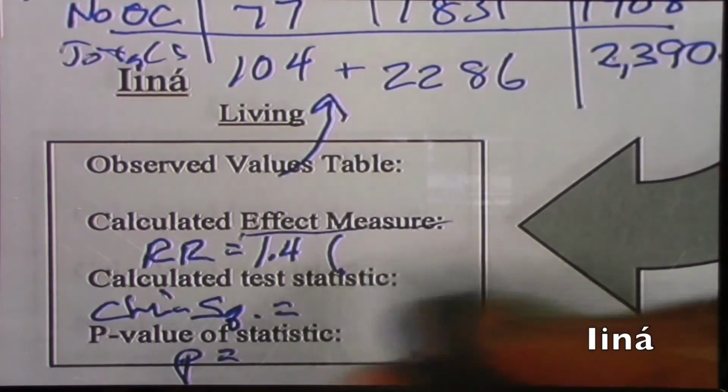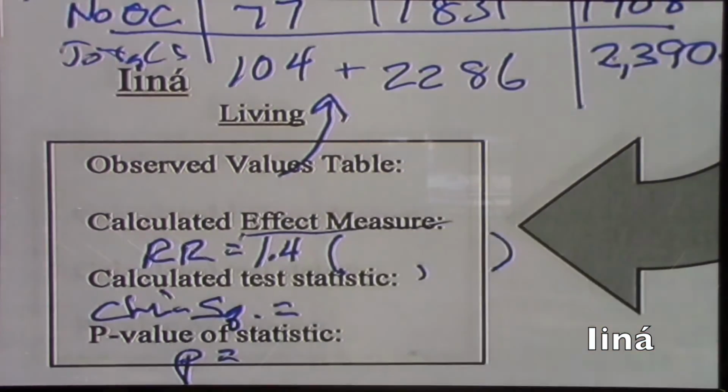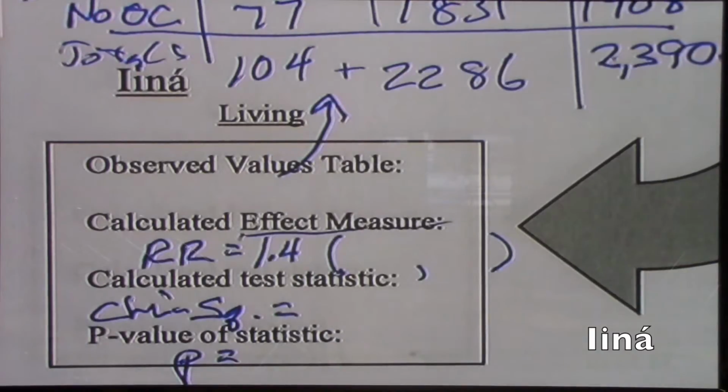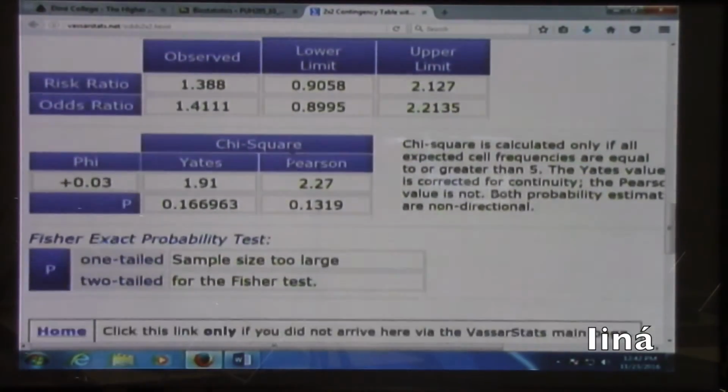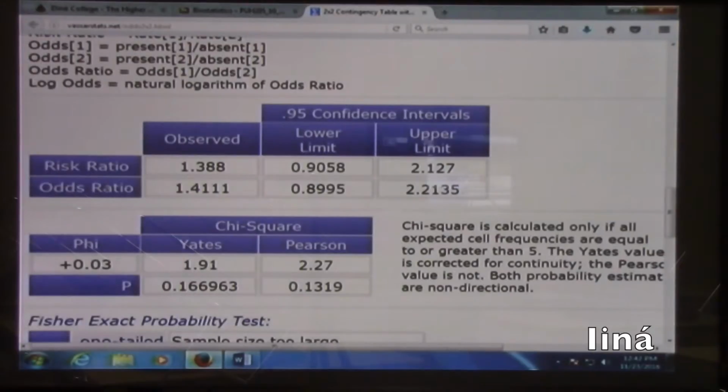And then might as well grab the confidence interval. Okay, so we go down to the next area. Sorry. So risk ratio observed here again is the 1.4. So the lower limit is 0.9, the upper limit is 2.1.